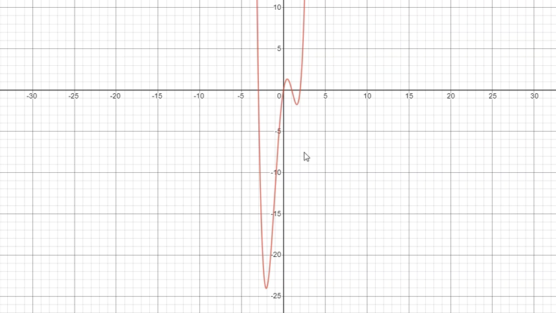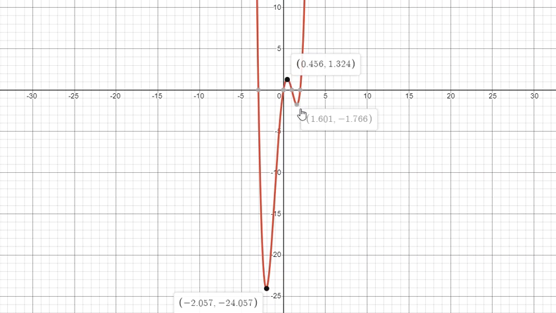And the cool thing is now we can understand decreasing and increasing. So I'm decreasing from negative infinity all the way to negative 2.057. In that range, I am decreasing. I'm also decreasing from this relative max to this relative min. So from 0.456 to 1.601.